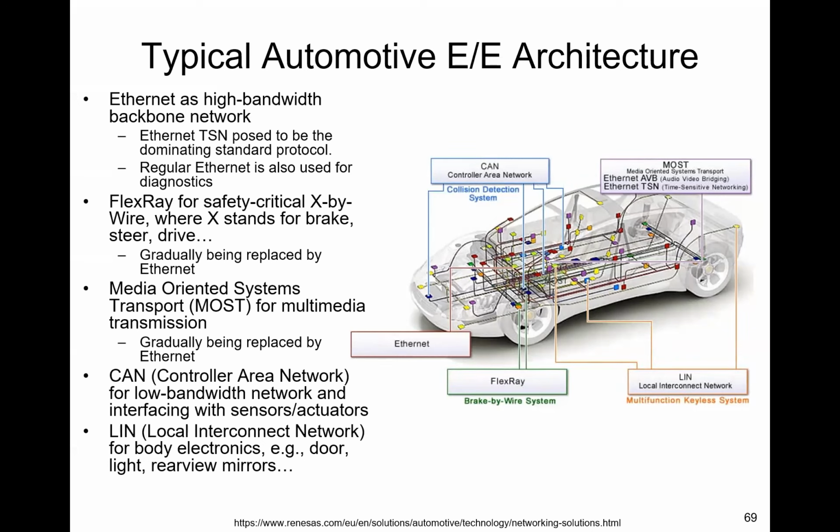CAN, controller area network, is for low bandwidth networks and interfacing with sensors and actuators. And LIN, local interconnect network, is for body electronics, such as doors, lights, rearview mirror connections. So the trend for in-vehicle networking is to have Ethernet as the backbone network with CAN and LIN networks extending to sensors and actuators.